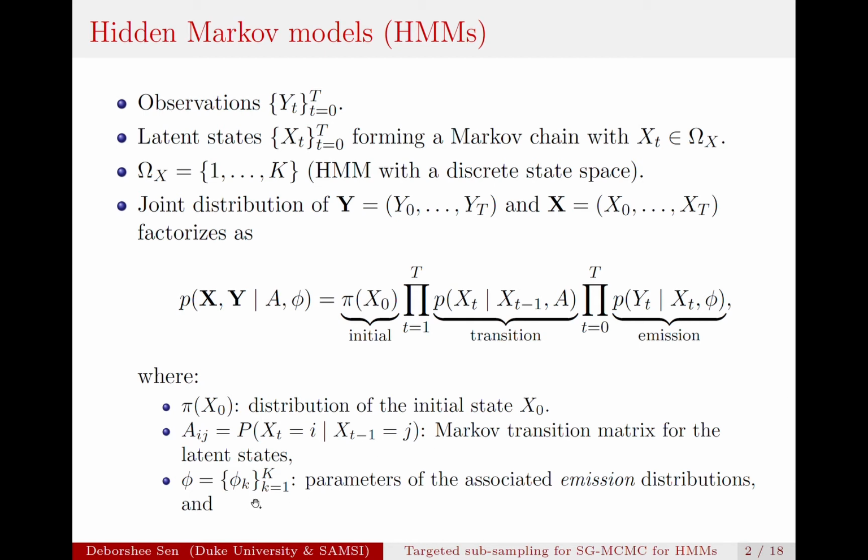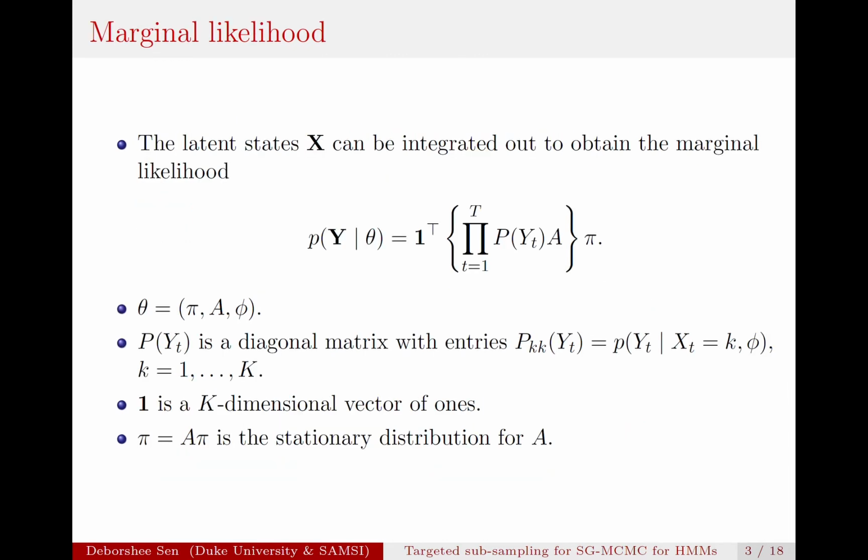So phi consists of K values, phi 1 to phi K. Phi k is just the emission distribution when the latent state is k. So the latent state is from 1 to capital K. When the latent state is small k, then phi of small k is the parameters of the emission distribution for that state.